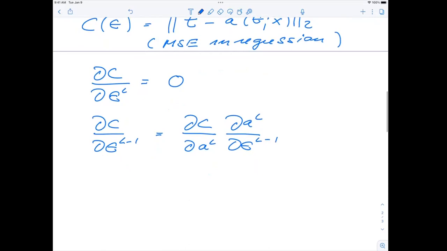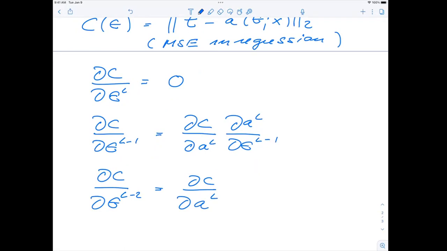And then we can move on. We can rewrite this as dC/d theta of L minus 2. And you start to see a pattern now, which we are going to link up with the automatic differentiation algorithm, where we can link it either to the forward mode or the reverse mode, which we discussed last time.